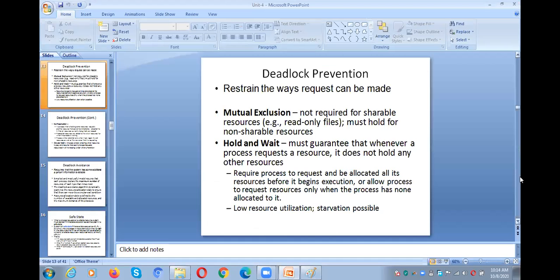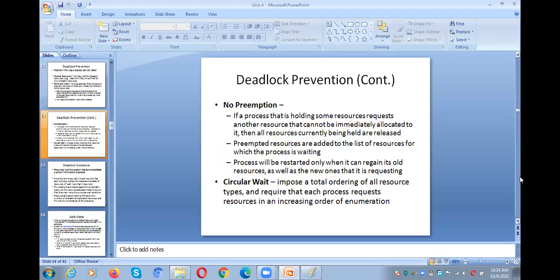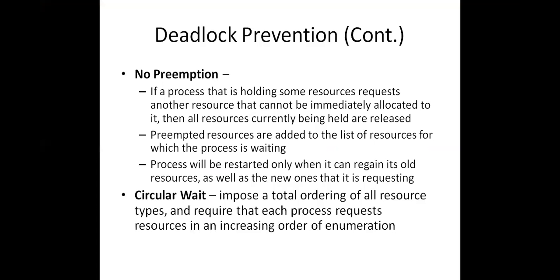And the next one, no preemption. What is no preemption? Read the first line, you will come to understand. If a process that is holding some resources requests another resource that cannot be immediately allocated to it, then all the resources currently being held are released.